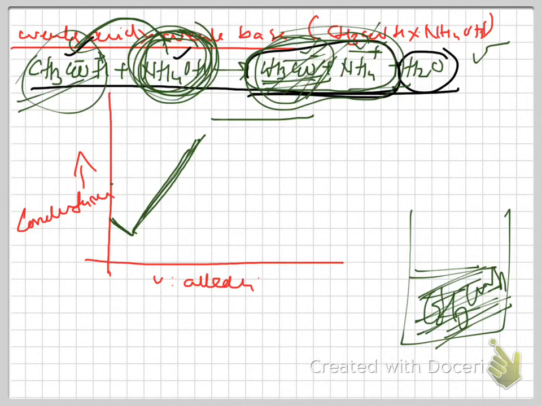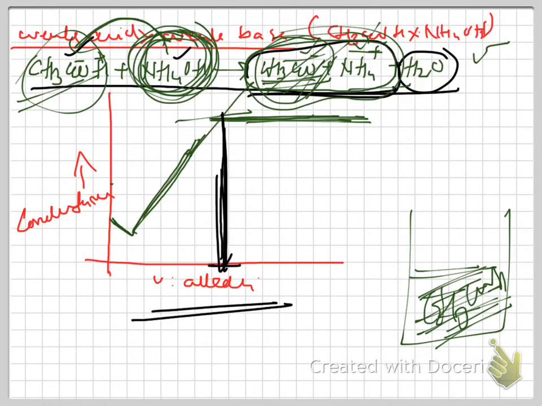Since ammonium hydroxide is a weak electrolyte, there is no appreciable change in conductance. It will continue as a constant. Here also you can extrapolate and you will get the intersection at this point. At this intersection you will get the volume of alkali, ammonium hydroxide, you have used.